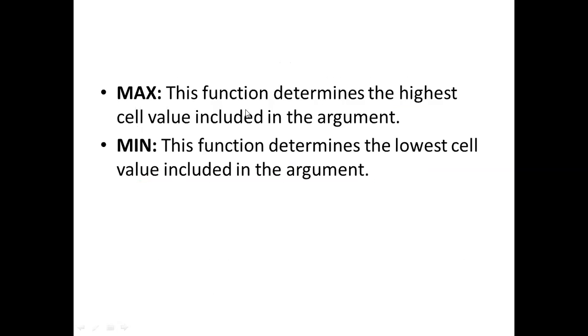We also have what is known as the maximum value. This function determines the highest cell value included in an argument. So for instance, if we have a range from this particular cell to this particular cell, there are various cells that are given in that order.